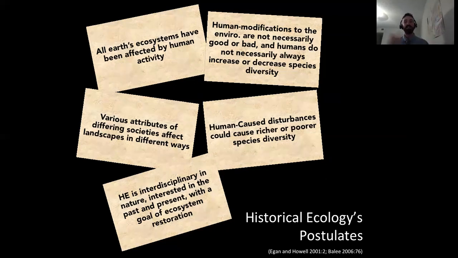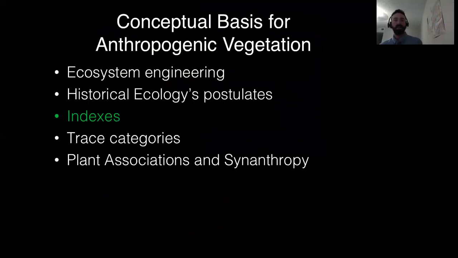Humans do not necessarily always increase or decrease species diversity, and there are differences between different societies, and their different activities affect the landscape in different ways. That's an important idea to seize upon, different ways that I'm going to further elaborate on.